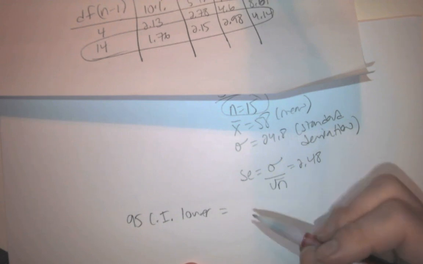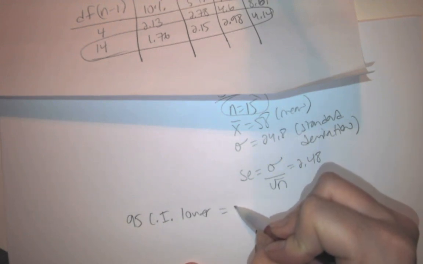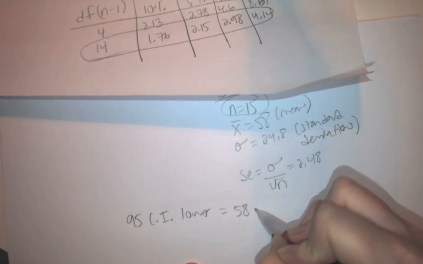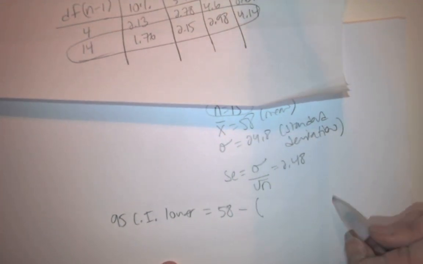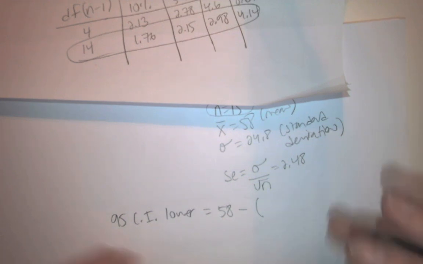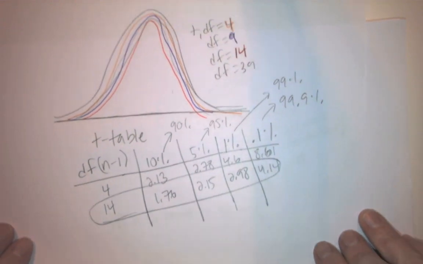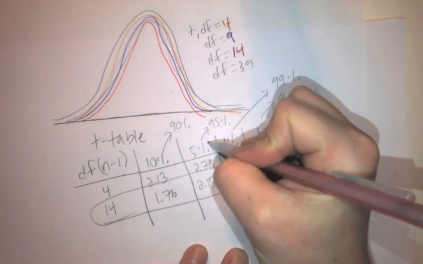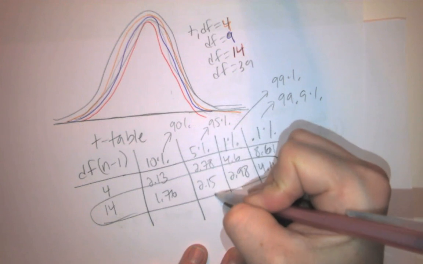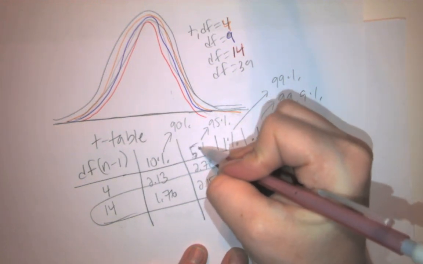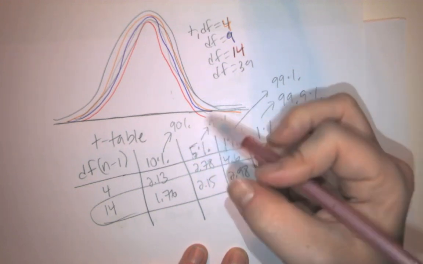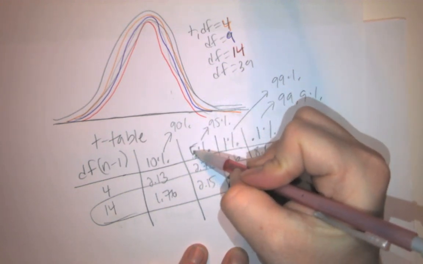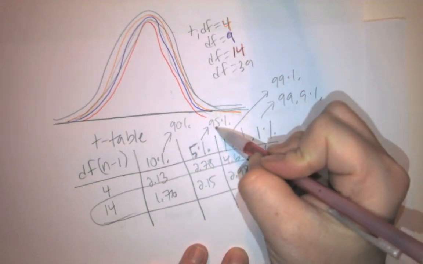I've got my mean of 58 minus, here's where I calculate the confidence interval differently. So instead of my z-score of 1.96, I'm going to go to my t-table. I'm going to find my 95% column, and that's noted by this 5% because I am 95% confident; this 5% is 100 minus 95.